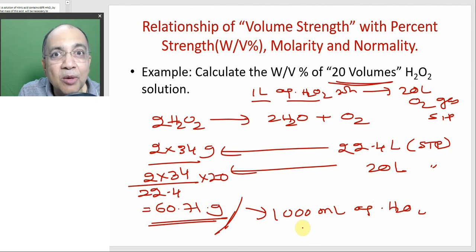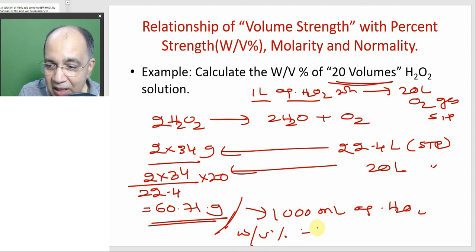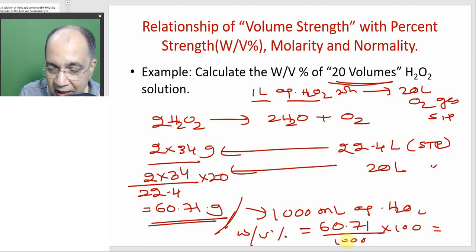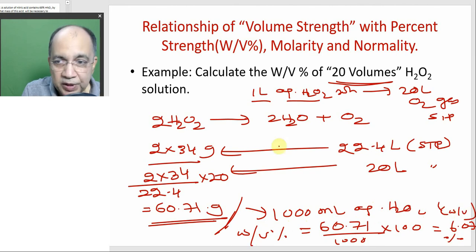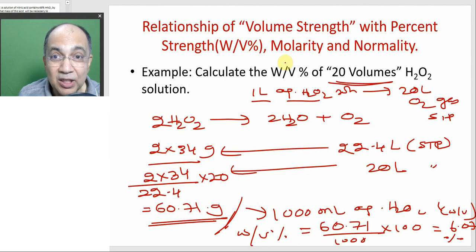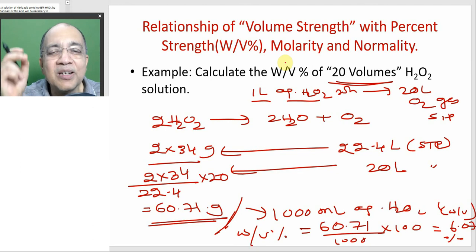Then how to find the W by V percent? So W by V percent is equal to the mass of the pure solute divided by the volume of the solution, 1000, into 100. So that means 10 times less, 6.07% W by V. So the hydrogen peroxide which is branded as 20 volumes will have a W by V percent of 6.07%.